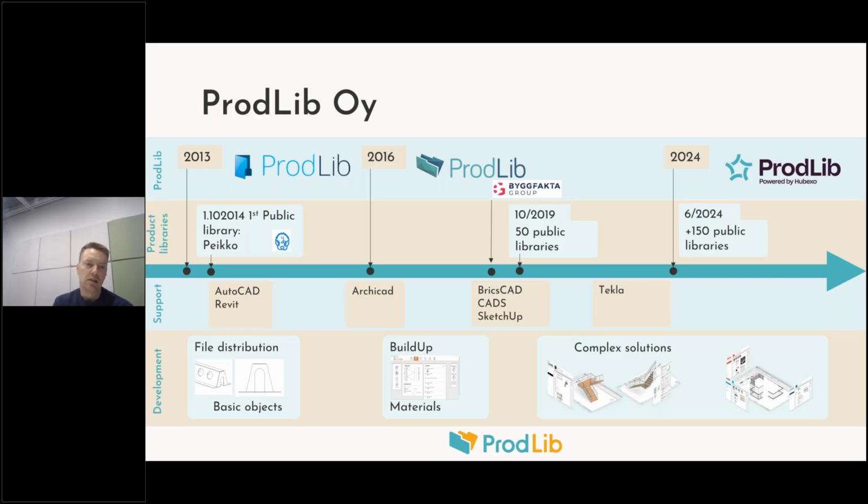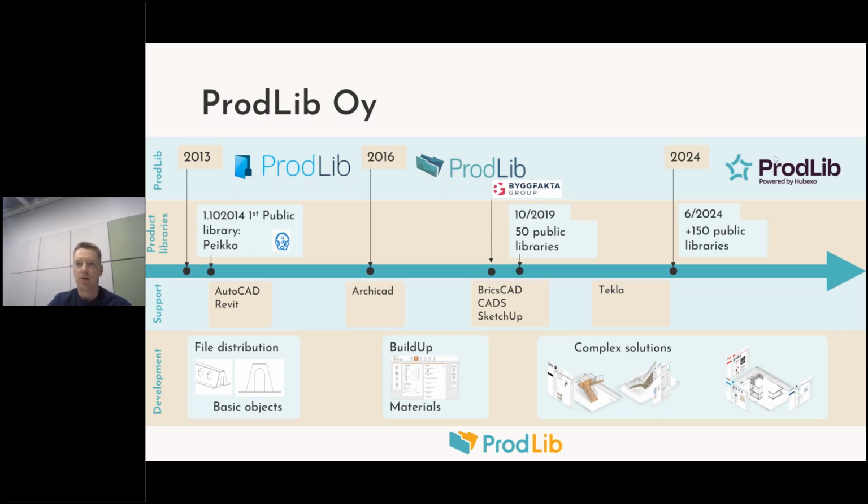Since then, if we look from the top, our brand identity has changed along the way, and now also a bit of the ownership. Byggfakta Group came as a partner to ProdLib in 2019, and ProdLib was fully acquired in the first half of 2024, and now we are in transition to the Habexo brand with the Byggfakta Group.